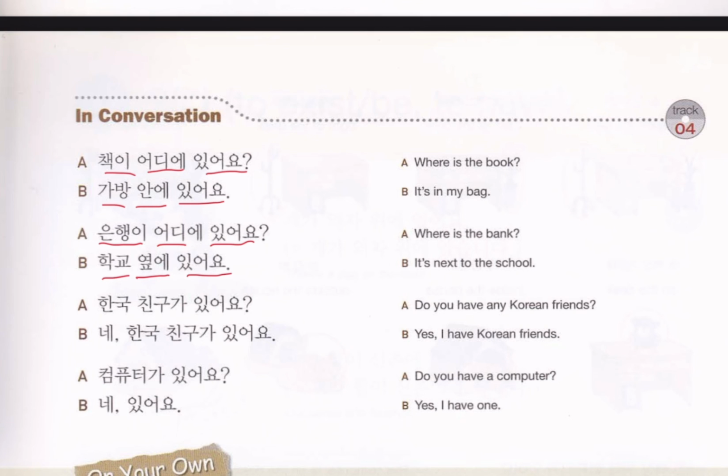Next to the school. 한국 친구가 있어요? Do you have a Korean friend? 네, 한국 친구가 있어요. Yes, I have a Korean friend. 컴퓨터가 있어요? Do you have a computer? 네, 있어요. Yes, I have.